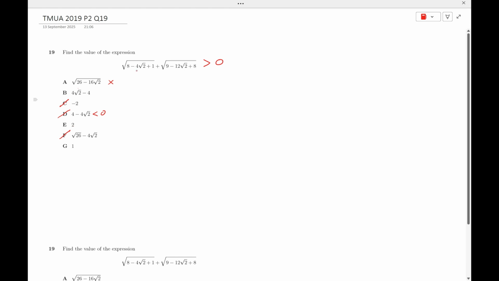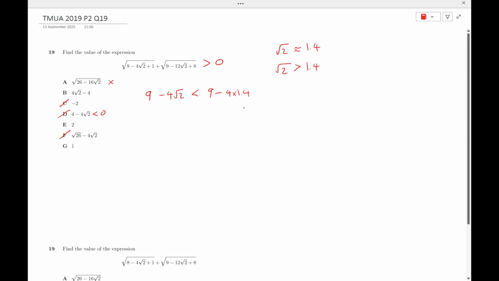If you then approximate what these are, well, root 2 is approximately 1.4. It's actually a bit more than that. So we can say root 2 is bigger than 1.4. Therefore, this first root, that's 9 minus 4 root 2. Because root 2 is bigger than 1.4, that is less than 9 take away 4 times 1.4.